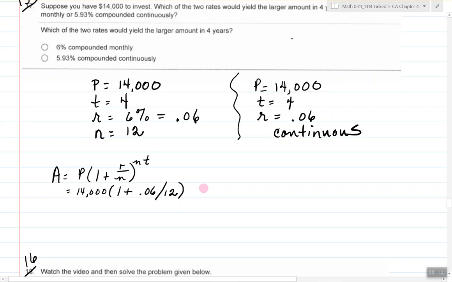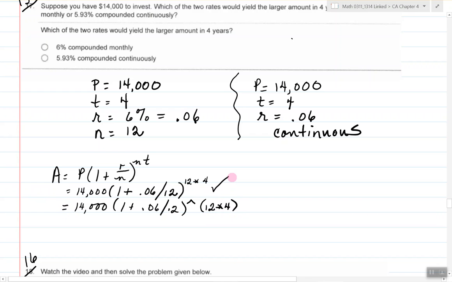Now, depending on your calculator, if you get a little box up here, then you can just type in it, n times t, 12 times 4. Suppose we do the same thing, 1 plus 0.06 divided by 12. If you get this symbol, you must use parentheses around the 12 times 4, or do it in your head and just put in a 48. My calculator uses this format.